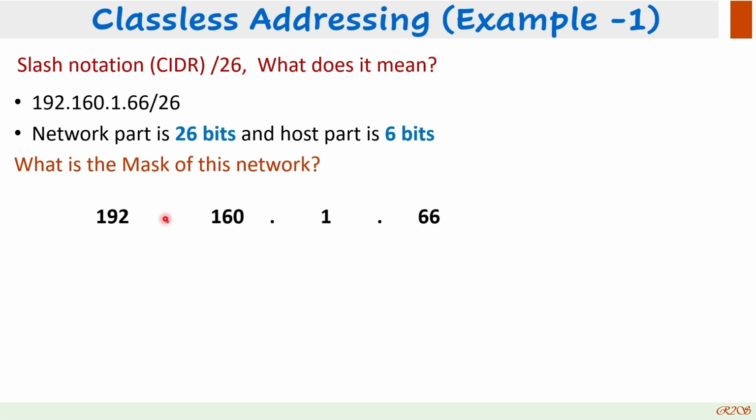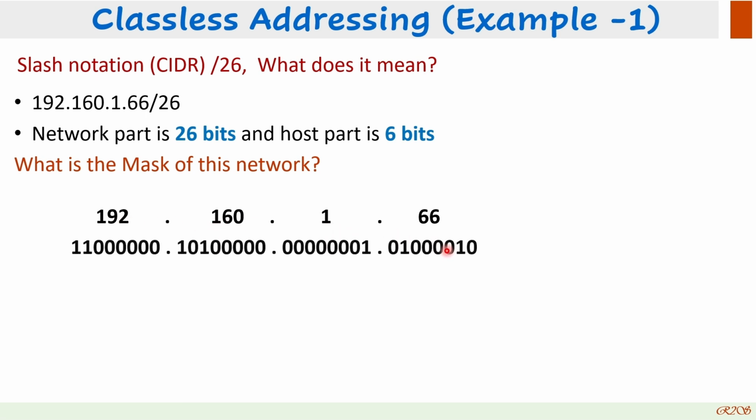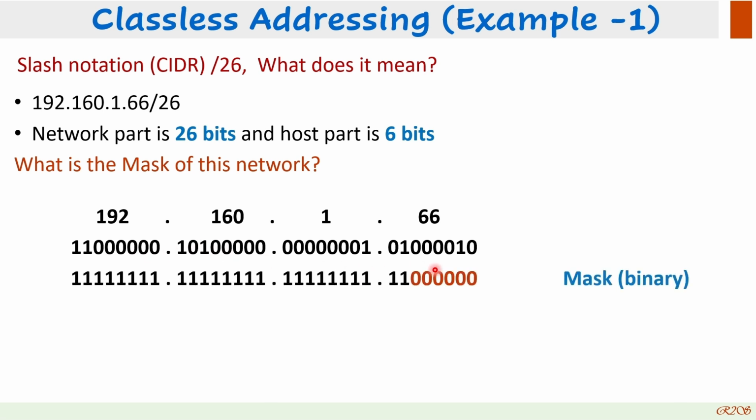So if we take 192.160.1.66, what should be the mask in this case? If we convert it all into binary, all the 26 bits should be 1.